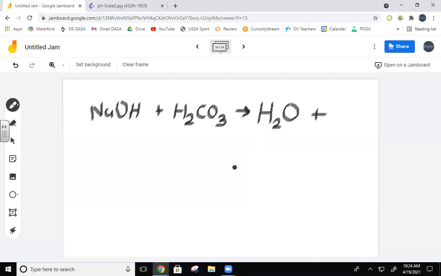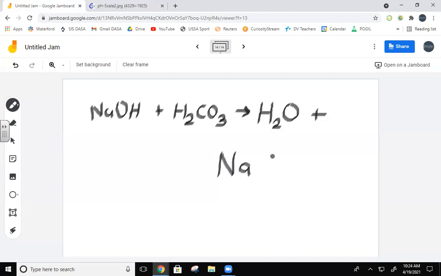And that product, so if we have the H's and the O's, we know that we're going to get a sodium because the sodium isn't here, right? And we know that we're going to get something else. We have the sodium, we've got an O and an H, and we have an H, but what about this?